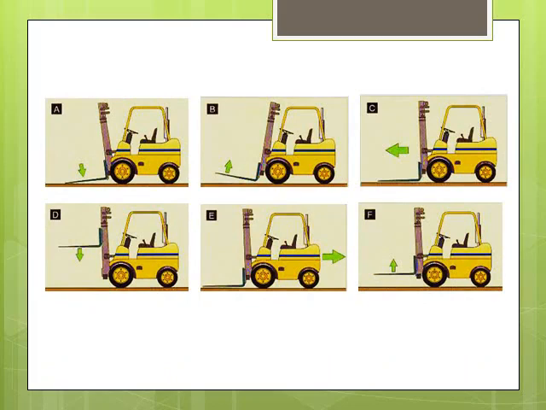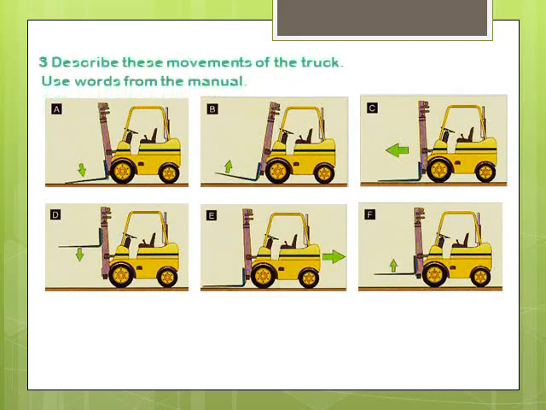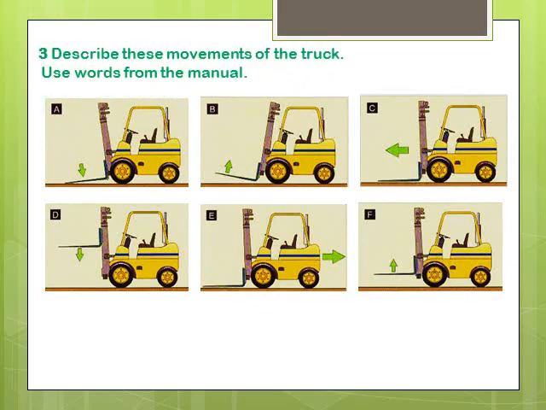I need you to look at each picture and try to describe the movement of the truck by using words from the manual. We have read the manual and there were verbs that I highlighted in a different color. I need you to use them in order to describe each picture.